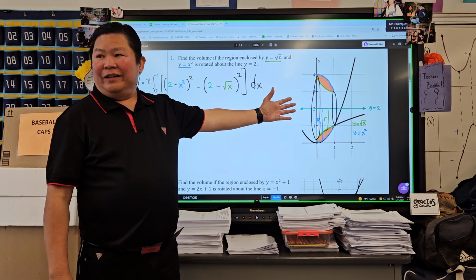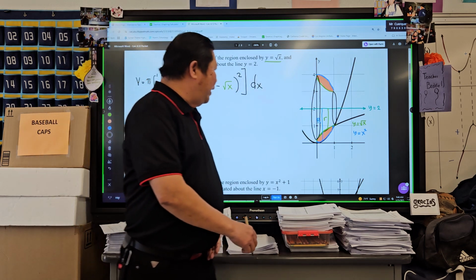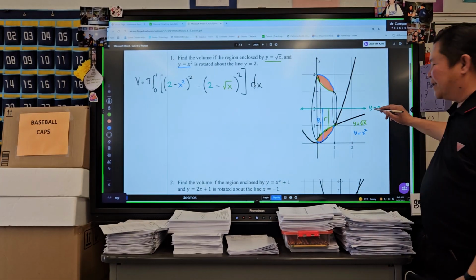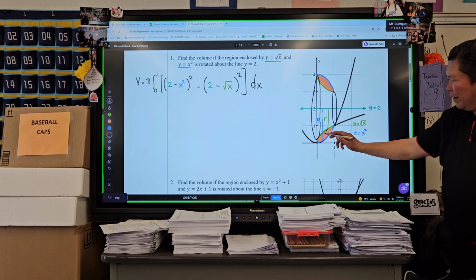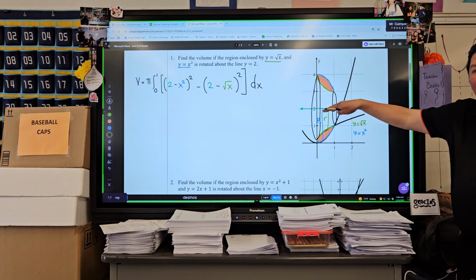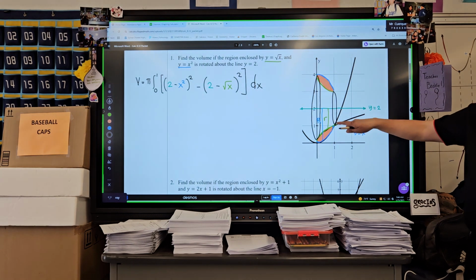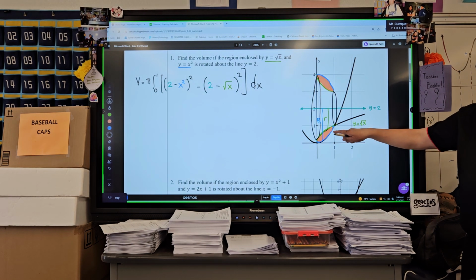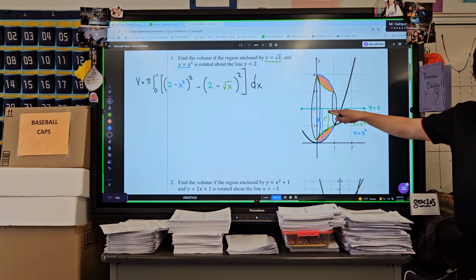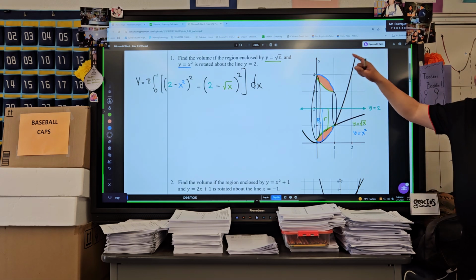Is this clear, guys? So again, this is the axis of revolution. From this graph, this is now the upper curve, then the inner right here and the outer. The outer curve is the blue now, and then it's being rotated.